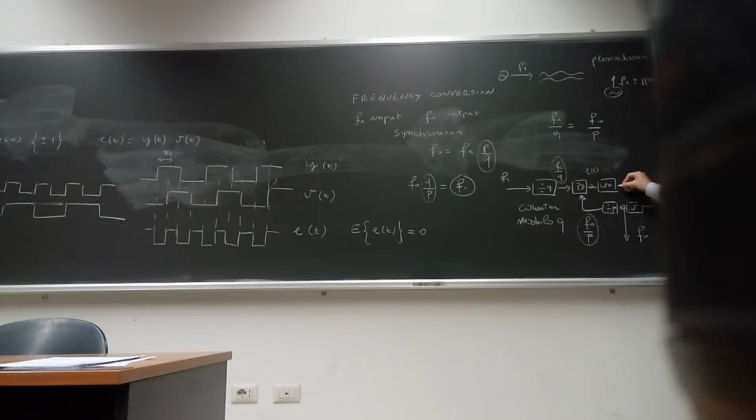So when the mean value of the error is 0, here you find a 0, and the VCO continues oscillating on the same frequency and on the same phase. And this is the very concept of phase lock. At phase lock, here you will have a 0.